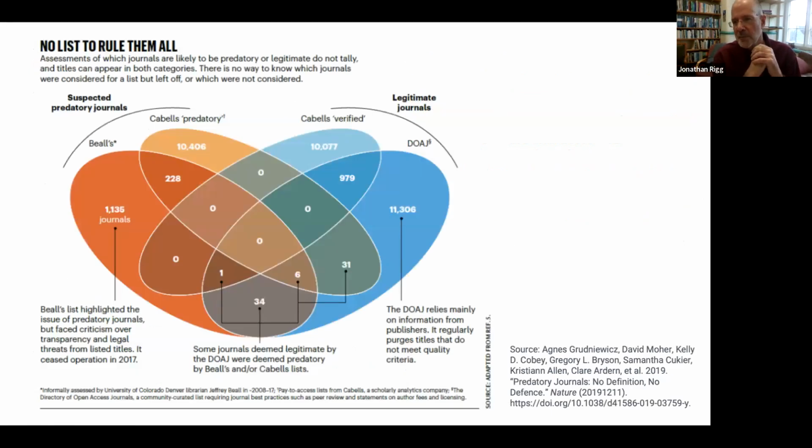So this is from the same journal, and this is their attempt to work out the span, globally, of predatory as opposed to legitimate journals. So the legitimate journals are in blue on the right-hand side, and you can see there are 20,000 plus such journals shaded in blue.